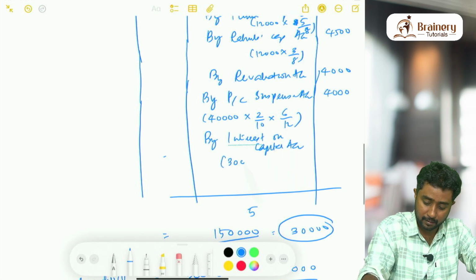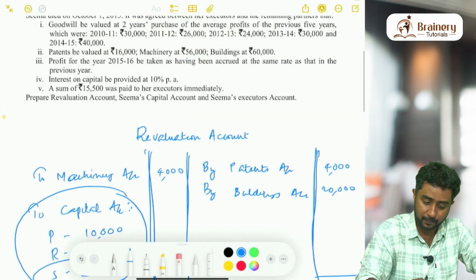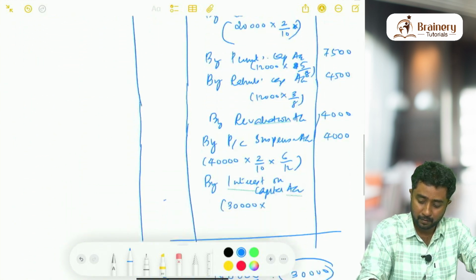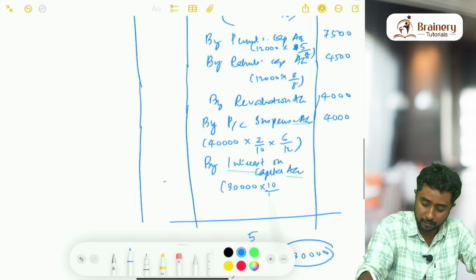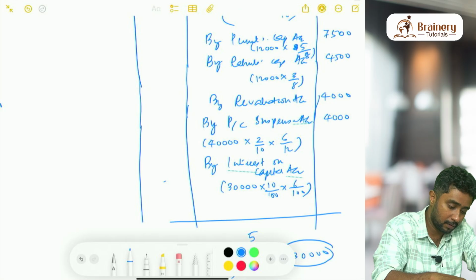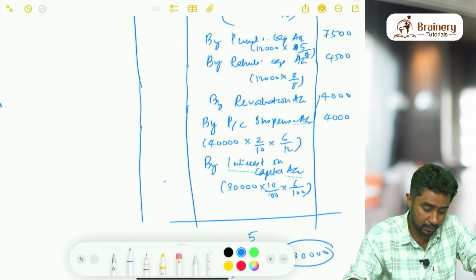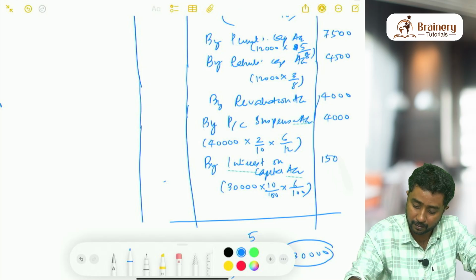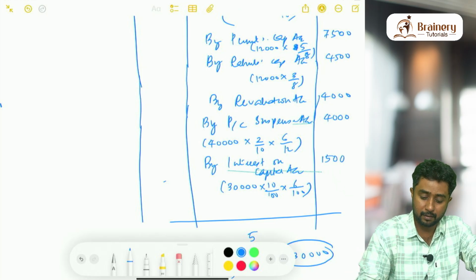The calculation will be like this: 30,000 into 10% per annum into 6 months, because only 6 months of interest we have to calculate. So 30,000 into 10% into 6 by 12. You will be getting 1,500. So interest on capital is also recorded.